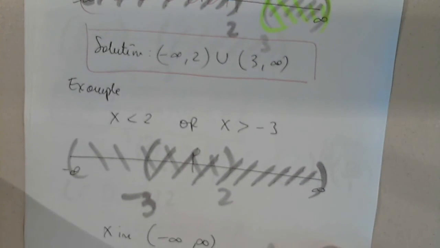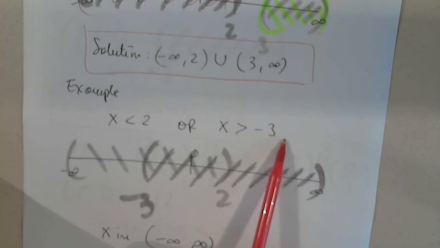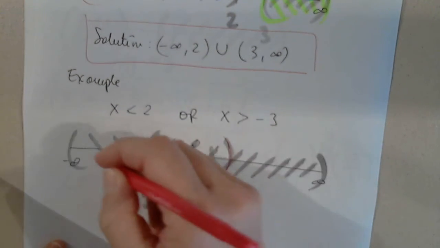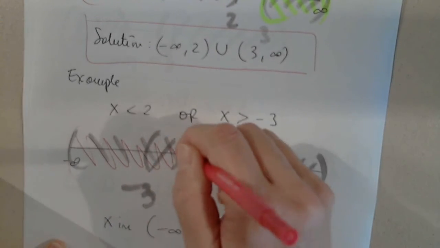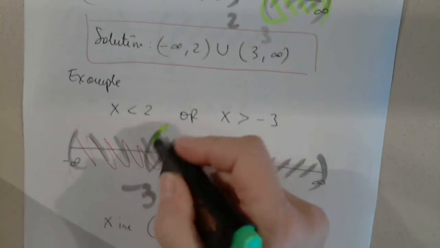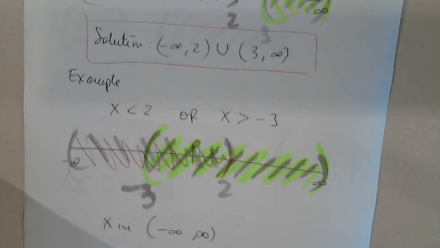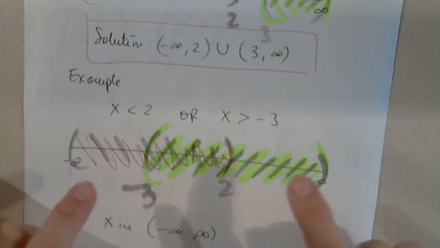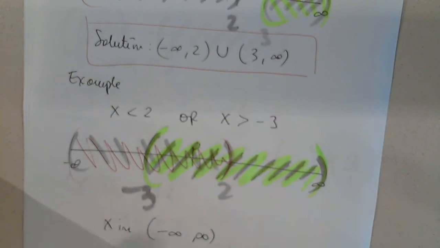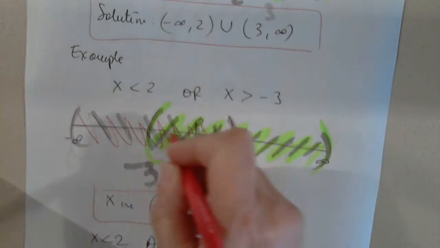The next example was x less than 2 or x greater than negative 3. Less than 2 will be the red set, and greater than negative 3 will be the green set. Therefore, you bring the red set to the table, I bring the green set to the table. What can we enjoy together? It turns out that we will enjoy together everything between negative infinity and infinity.